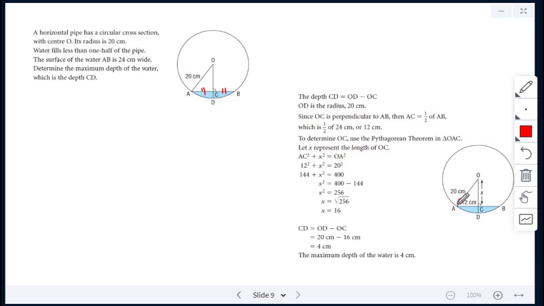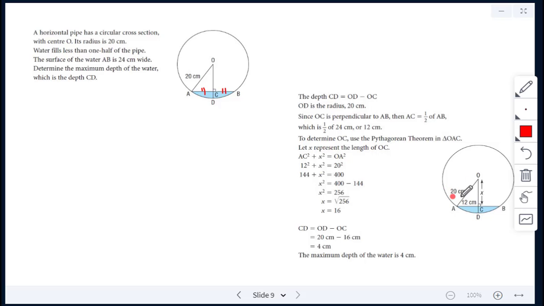They've put here 12 centimeters. We have the radius as 20 centimeters. So we can use our Pythagorean theorem to solve for x, which is O to C. And then once we have OC, we know our radius, O to D, is 20 centimeters, subtract x, and then we will have the measurement for that water depth. All right, so that is what they've done here.